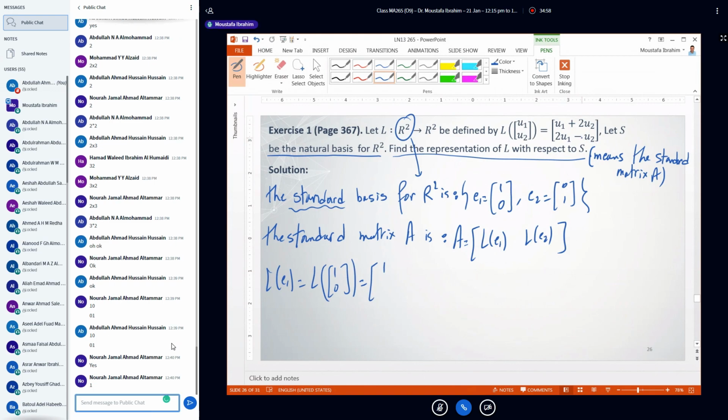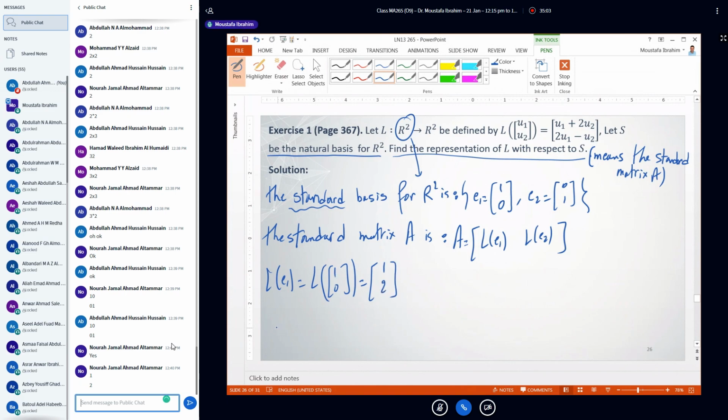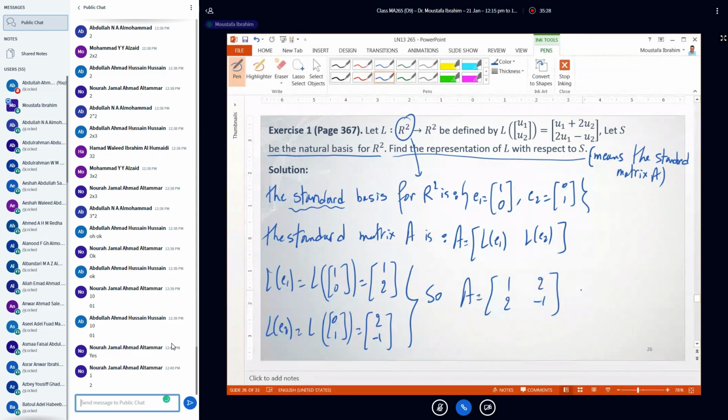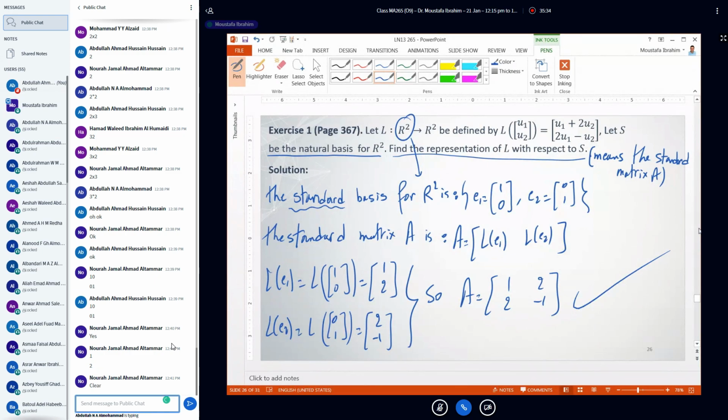Here, 2 multiply first minus second: 2 multiply 1, 2, minus 0, 2. Very good. L(E2) is L(0, 1). So first, 0 plus 2 multiply 1, so it will be 2. Here, 2 multiply first, so 0, minus 1. So A will be the columns L(E1) = (1, 2) and L(E2) = (2, -1). Clear, guys? You see, very, very easy. Very good.